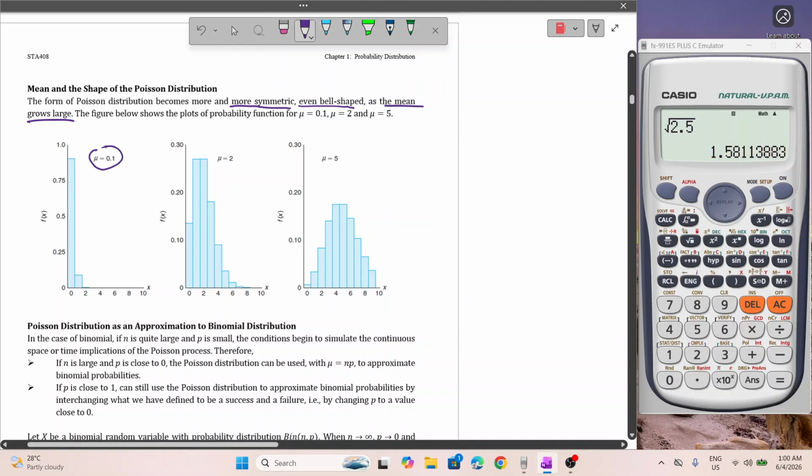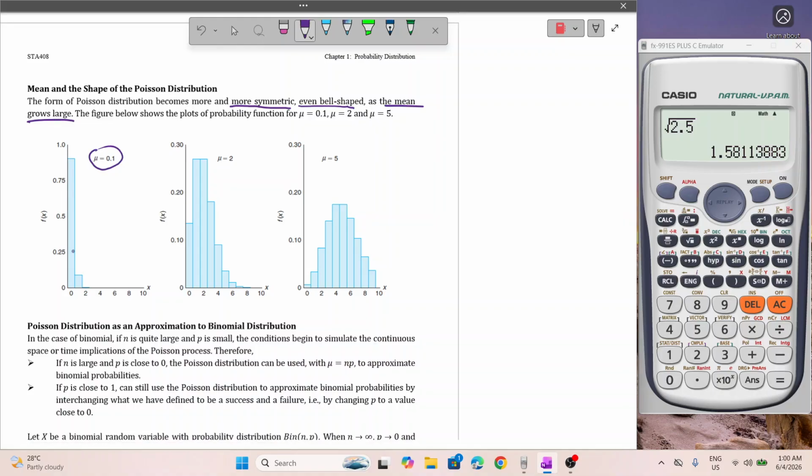See the mean value here: when it is 0.1, it is right skewed. When the mean is equal to 2, still right skewed. But when the mean is equal to 5, it is symmetric.